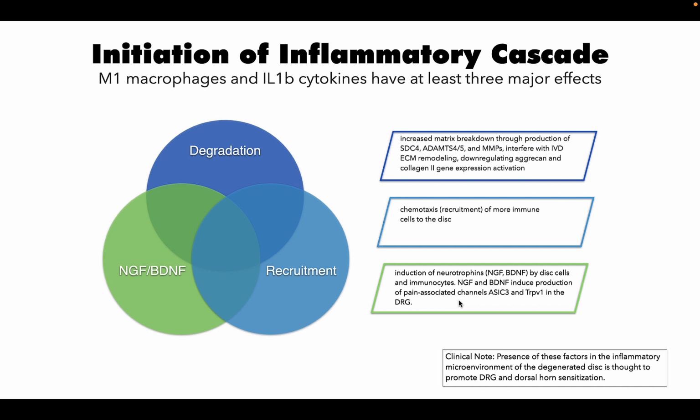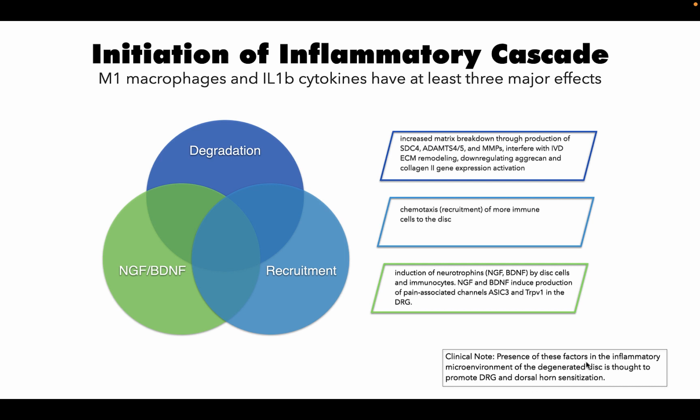Nerve growth factor and BDNF induce production of pain-associated channels, ASIC3 and TRPV1, in the dorsal root ganglia. We've already discussed all the effects of nerve growth factor and BDNF on the transition to nociplastic pain. So here we have initiation of the inflammatory cascade, perhaps through this Piezo1 mechanically sensitive ion channel in the disc.